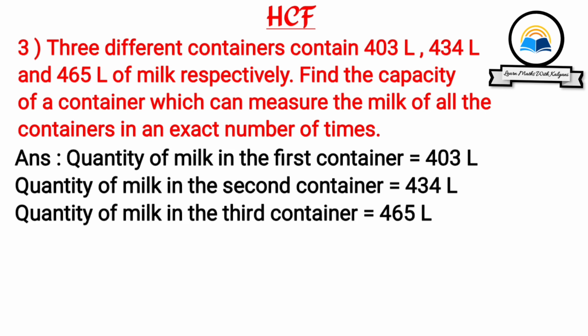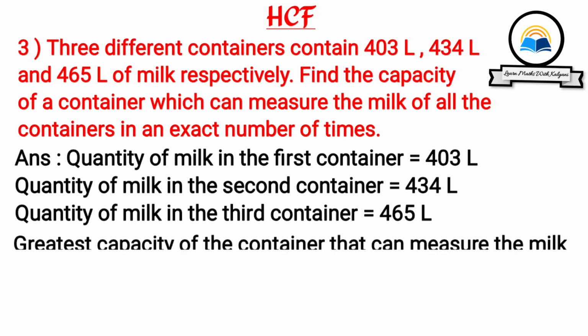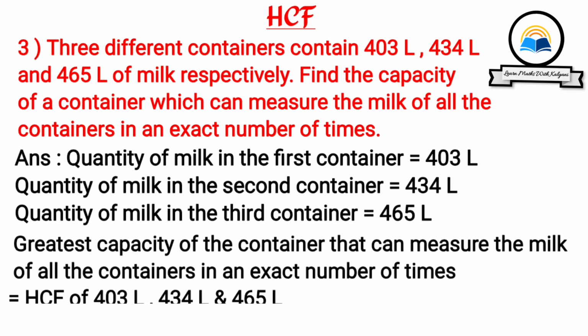To measure the milk in all the three containers an exact number of times, we need the greatest capacity that divides 403 liters, 434 liters and 465 liters exactly. So we'll find the HCF of the three numbers by prime factorization method.